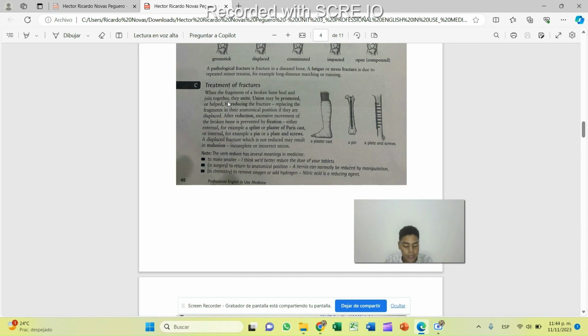A displaced fracture which is not reduced may result in malunion, incomplete or incorrect union.